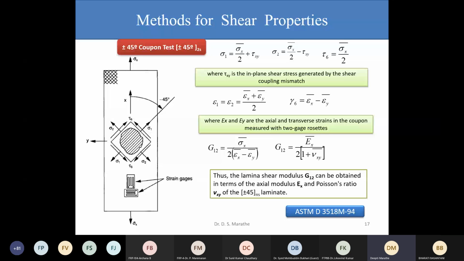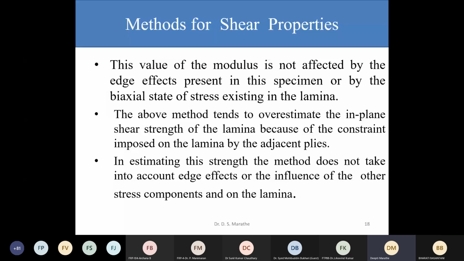Now the value of modulus that I find is not affected by the edge effects present in the specimen, or by the biaxial state of stress, because there is going to be a biaxial state of stress, since I have a plus minus 45 lamina and I am applying the load in this particular direction.